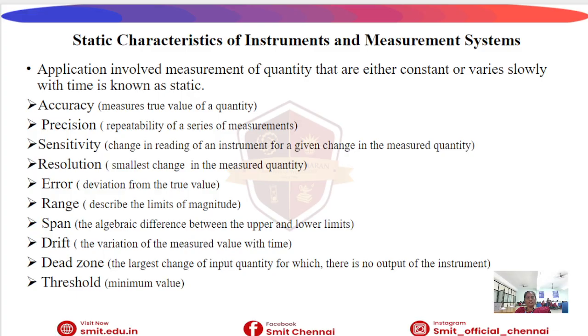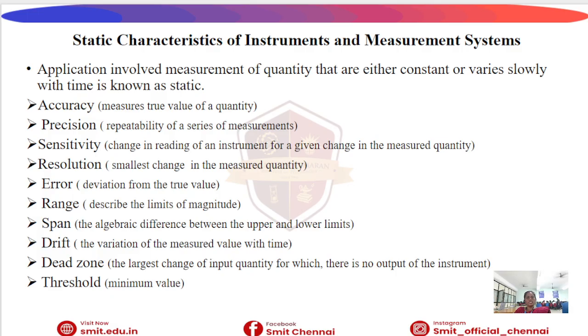When the measured quantity is constant or slowly varying, the performance of the instrument is described by its static characteristics. These include accuracy, precision, sensitivity, resolution, error, range, span, drift, dead zone, and threshold.